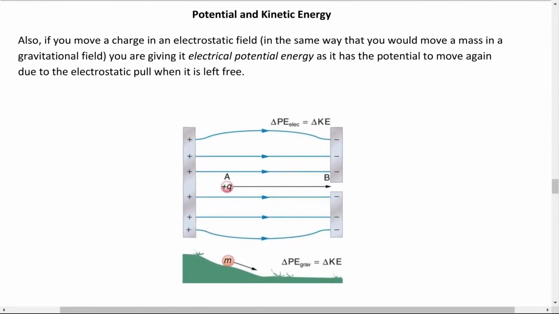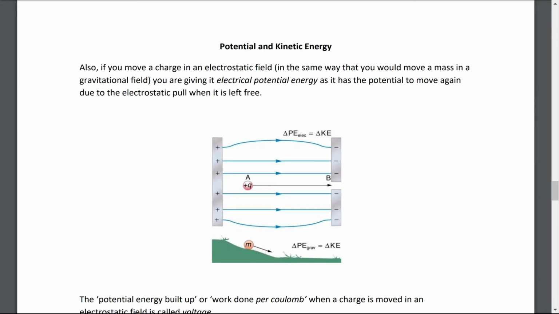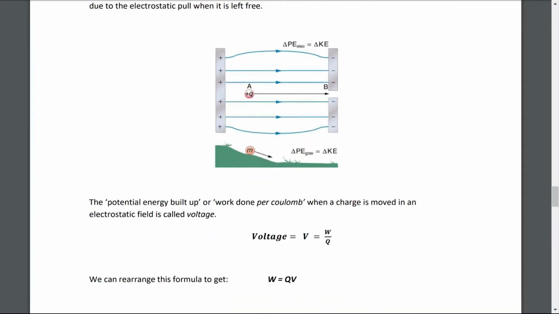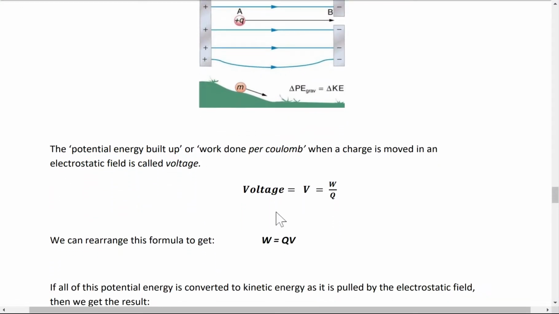Now, we have a similar concept to the potential energy we came across earlier for gravitational fields. It was mgh. Now we have a similar idea of potential. You can build up charge in a certain area, and that's just like gravity in some ways, if we go to the equations here. There's now a concept called voltage. The definition of voltage is the work done per charge.